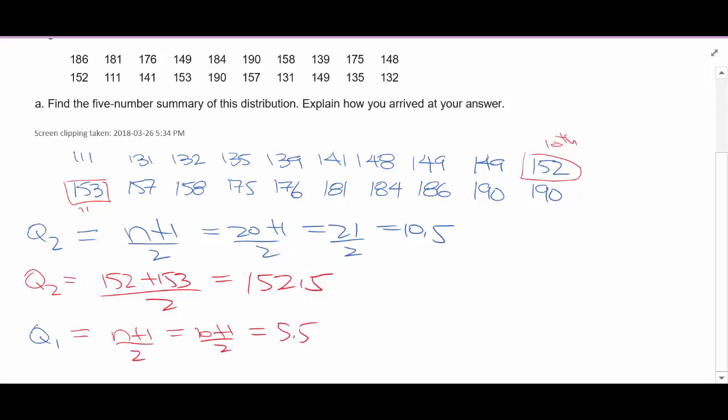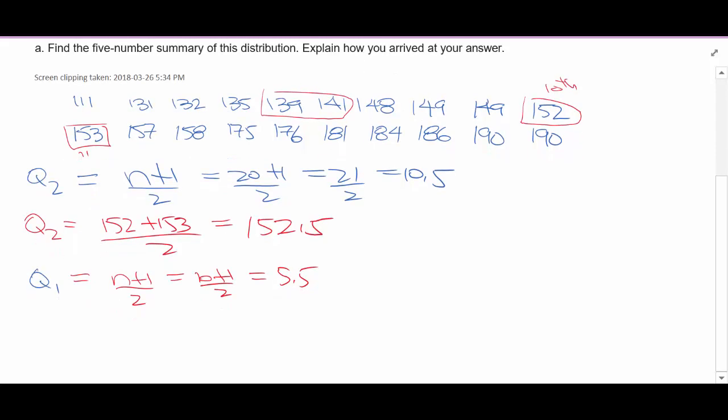So let's count the terms: 1, 2, 3, 4, 5. The average of those two terms is going to be Q1. So Q1 actually will be equal to the average of 139 and 141. Well, that's 140. So Q1 is 140.